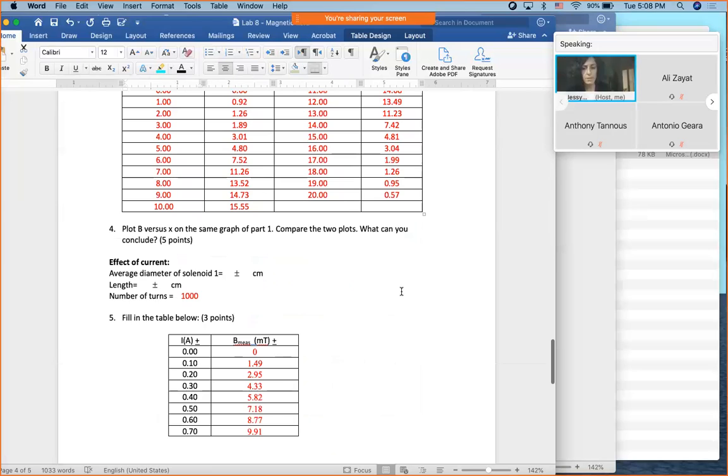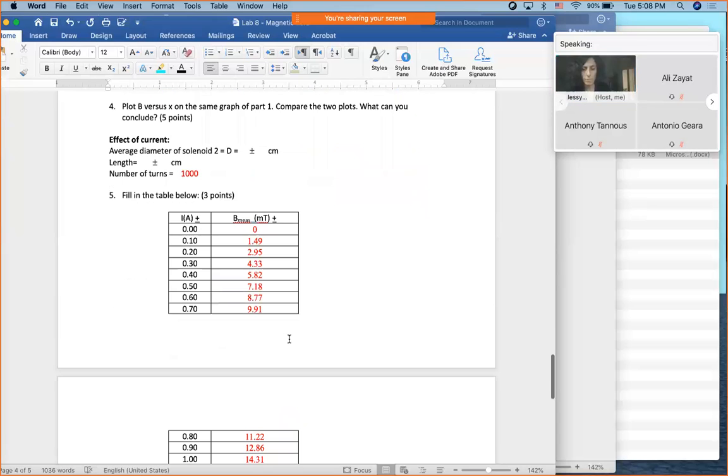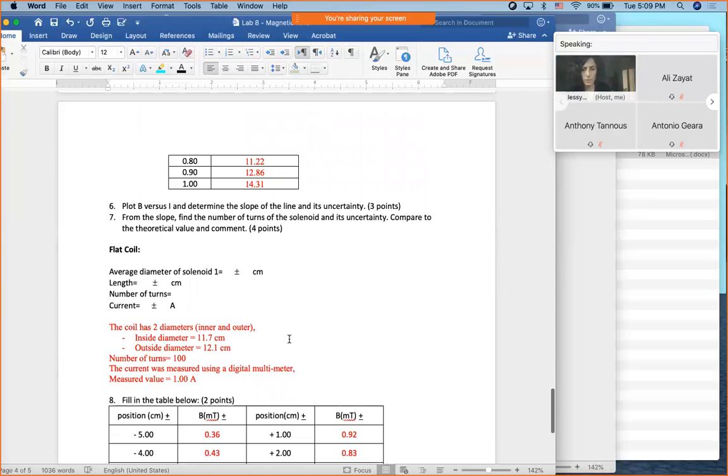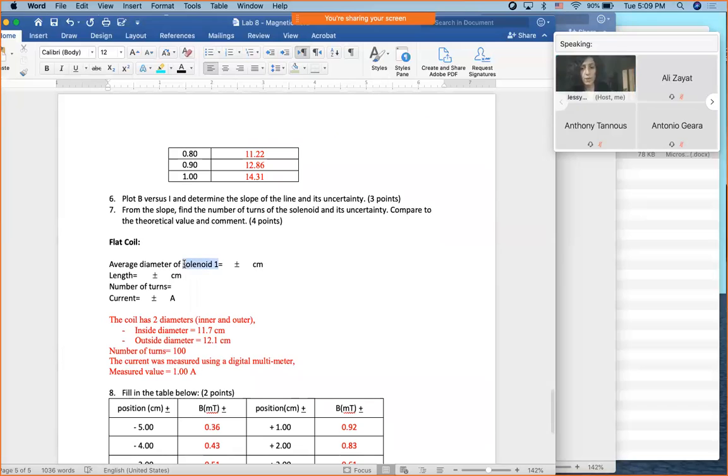What else? All right, so this is solenoid 2 because I'm using 1000 again. So this is the diameter, not that you need it, but it's okay. Average diameter of the flat coil.